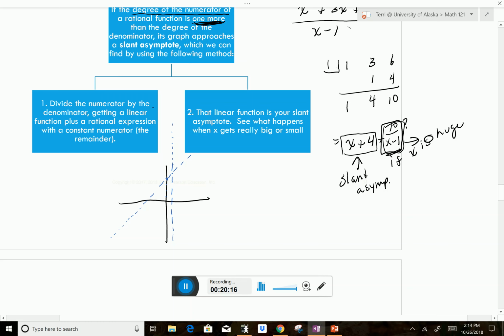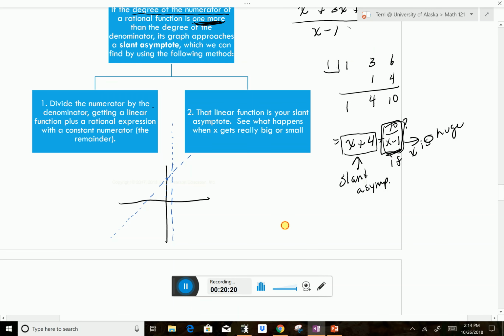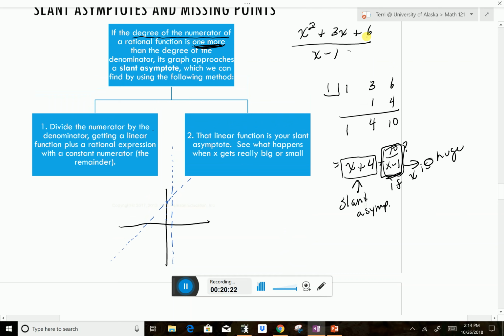And all I need to do now to know what this looks like is put in 0. If I put in 0, I would get 6 over negative 1, or negative 6. So x equals 0 gives y equals negative 6. So it looks like it goes like this, and then it goes off that way. And then it's going to go off in the other direction.